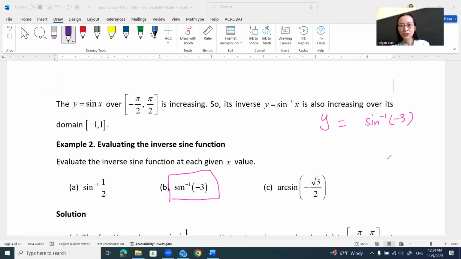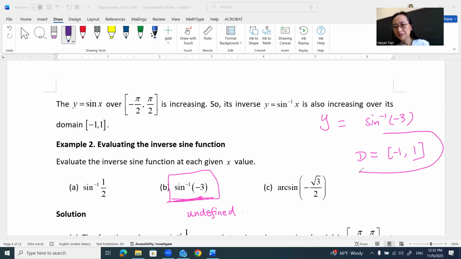Let's recall the inverse function is defined only on the domain from -1 to 1. So for any value smaller than -1, it is undefined. So this inverse is undefined because -3 is not in the domain of the inverse function.